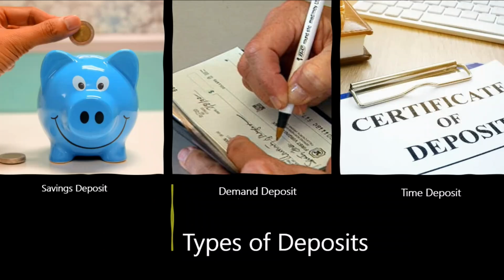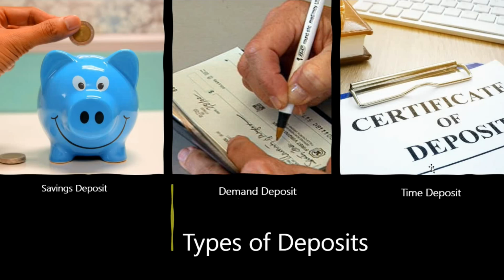The last one is yung time deposit. Ito yung type of deposit na meron kang sinet na term kung kailan mo siya pwedeng ma-withdraw. This is also an interest-bearing deposit. And yung ebidensya mo na meron kang time deposit is yung ibibigay sa'yo na certificate of deposit.